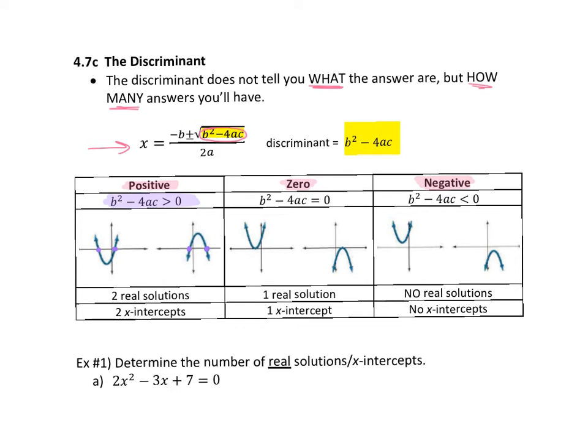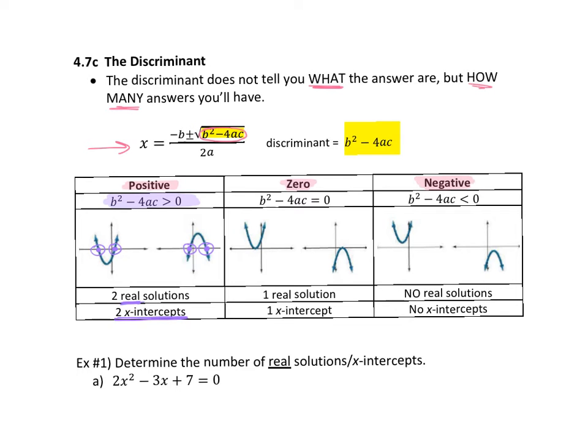We still get two real solutions. You'll see next week we get into imaginary solutions. Not going to get into that today, but you will get two real solutions, also known as two x-intercepts. That's what I showed you here. 1, 2, 1, 2.